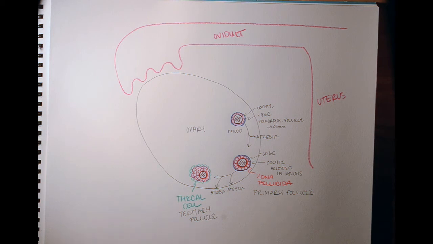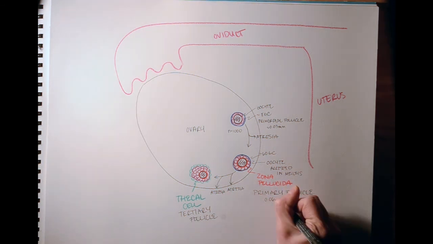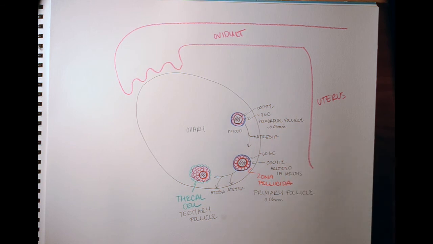So that now our tertiary follicle is increased in size. So our primary follicle was about 0.6 millimeters, so basically a doubling from the primordial follicle. Now our tertiary follicle is about 0.4 millimeters, so it is greatly increased in size.